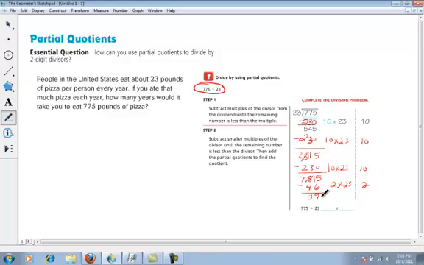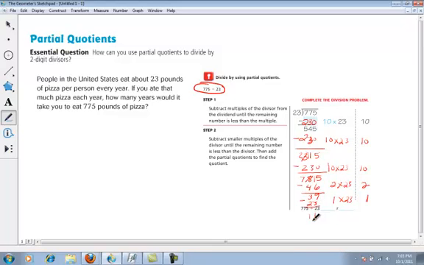Now here I have 39. I can't make 2 groups of 23 with only 39, so all I can make now is 1 group of 23, and I'm going to put a 1 right here. So I'm going to subtract 23 from that, and I'm going to be left with 16.